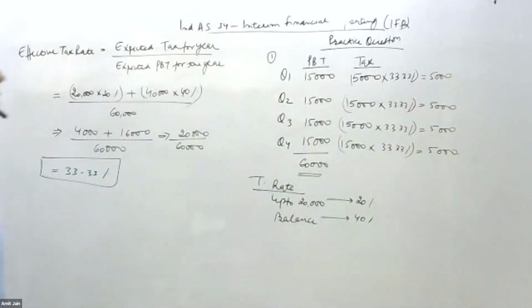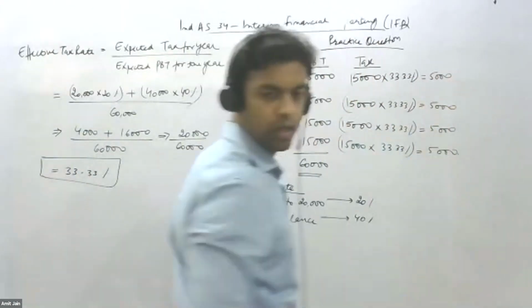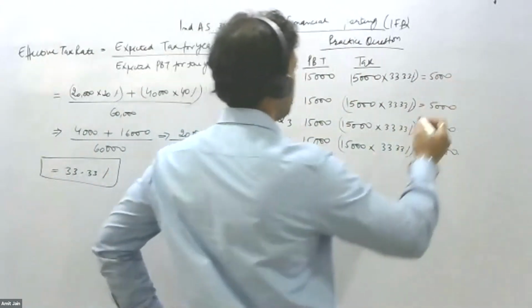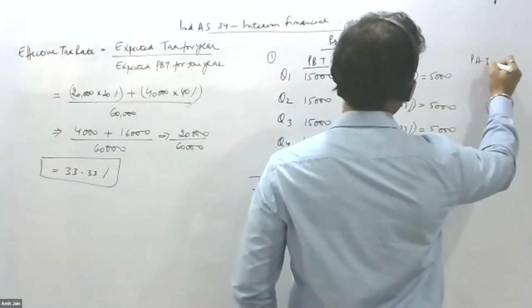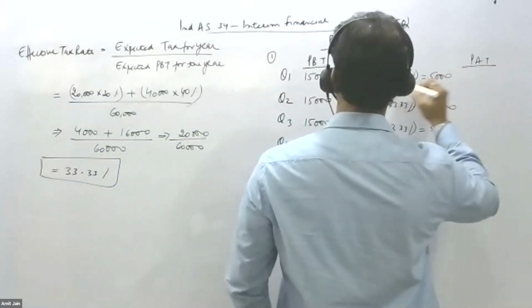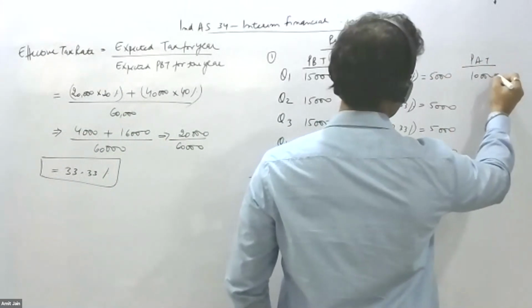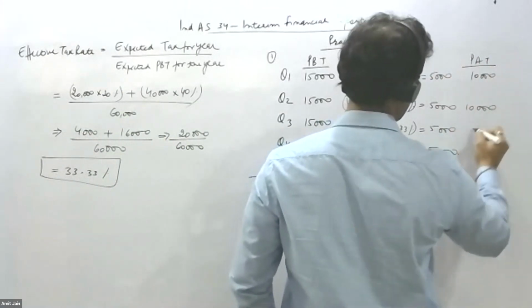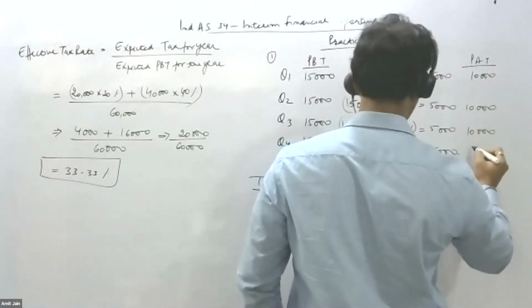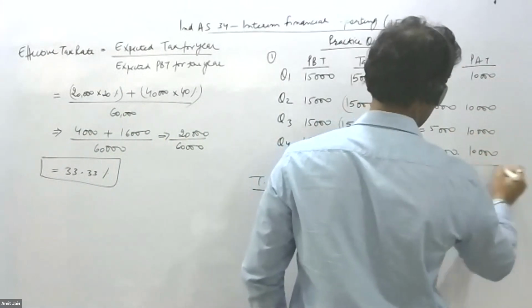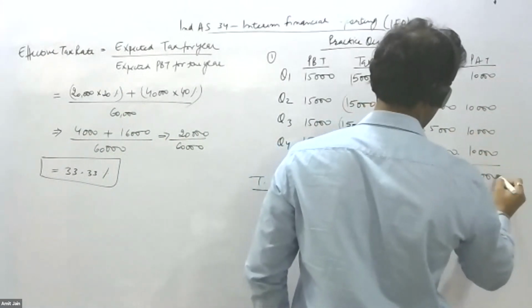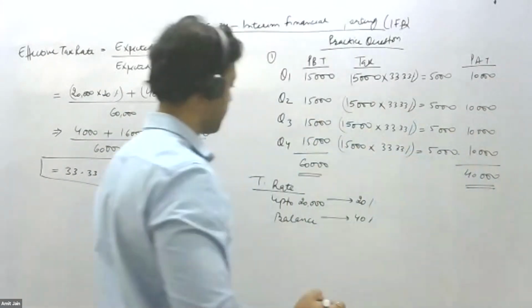Correct, guys? And if I need to compute the PAT as well, I hope this is visible. If I need to compute the PAT for this quarter, this is 10,000. This is again 10,000, this is again 10,000, and this is again 10,000, and this will be 40,000.